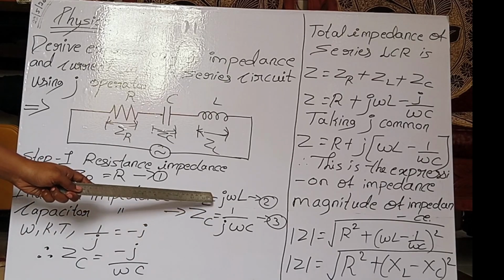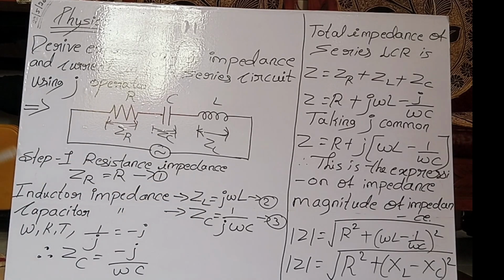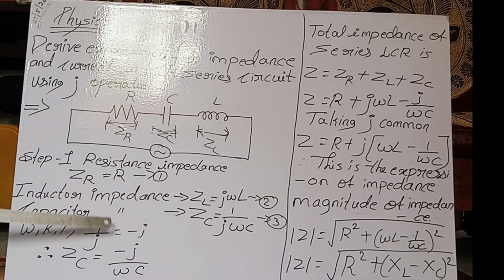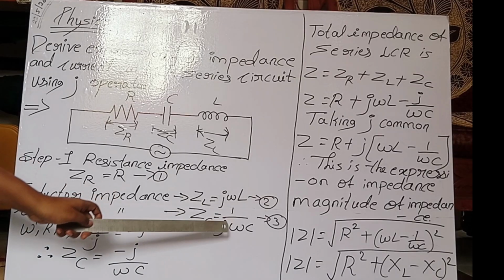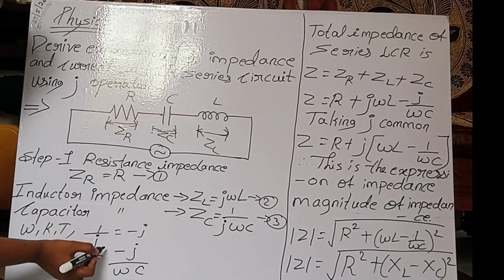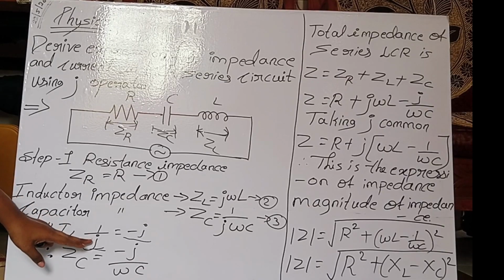This is the previous equation where we derived the impedance in terms of the J operator for the inductor, and for the capacitor it is 1 divided by J into omega C. Mathematically, 1 by J can be written as minus J, because if I take this J to the numerator it will be minus.